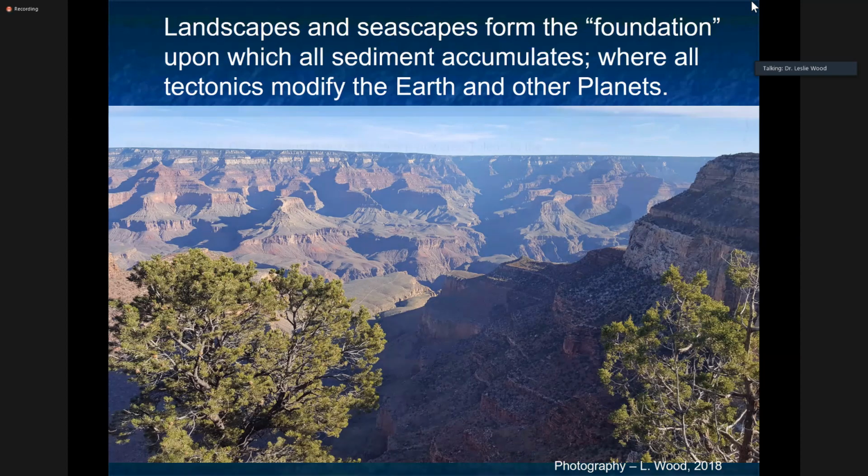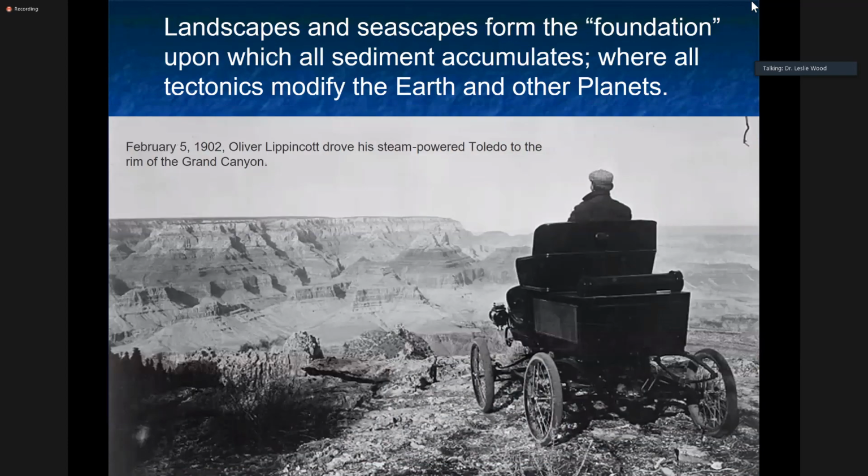This is a shot from around 1900 of the same Grand Canyon that we're fascinated with today. For thousands of years, we've looked at landscapes and how and what our place is in the earth and in time by looking at the landscapes around us.